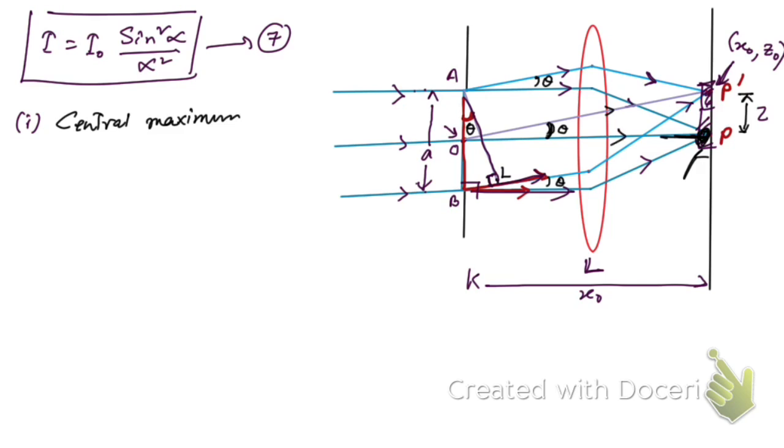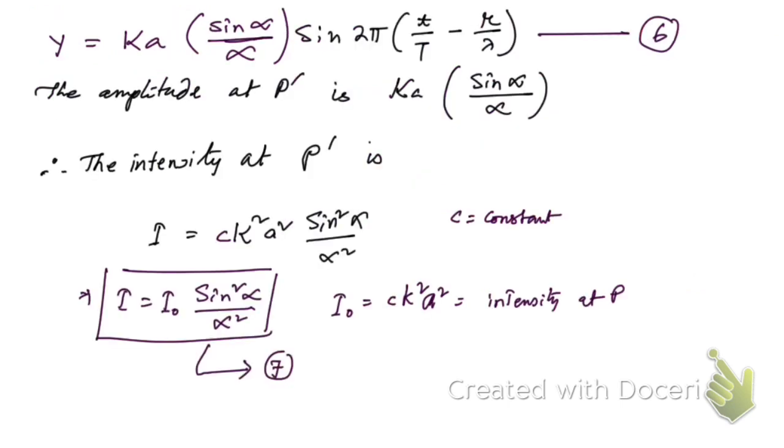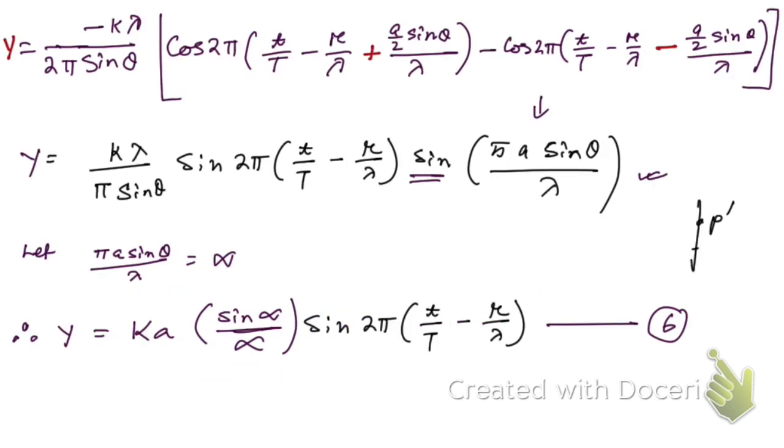So for the point P, theta is equal to 0, hence from this relation you can see, if theta is equal to 0, then alpha will be equal to 0, right?